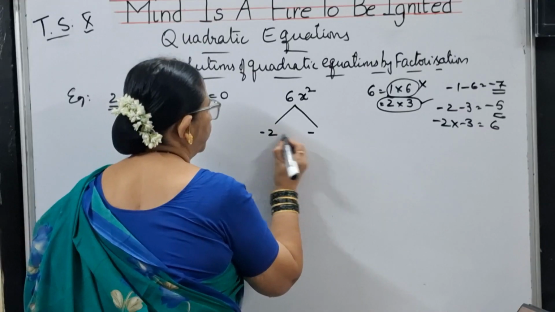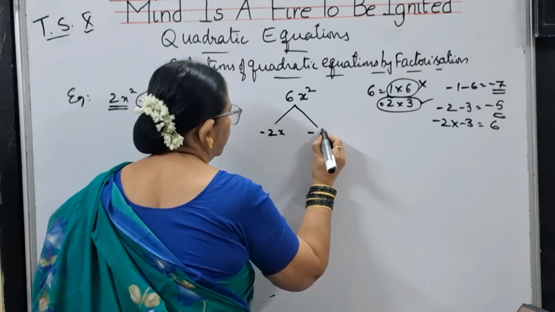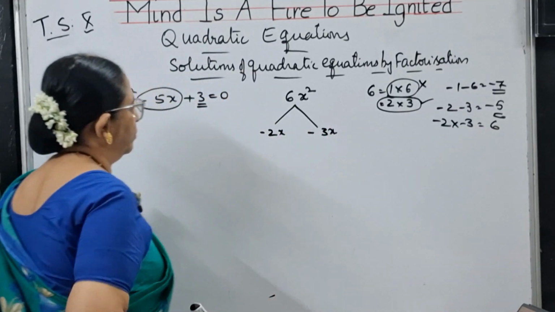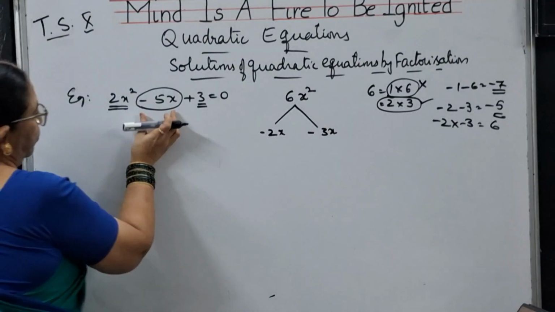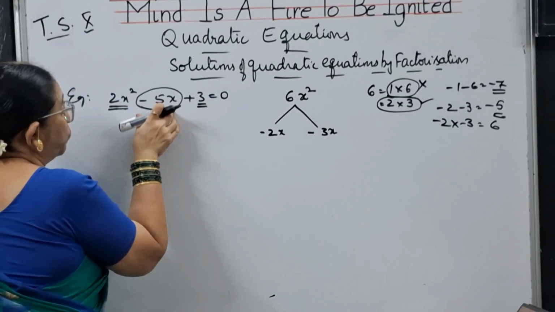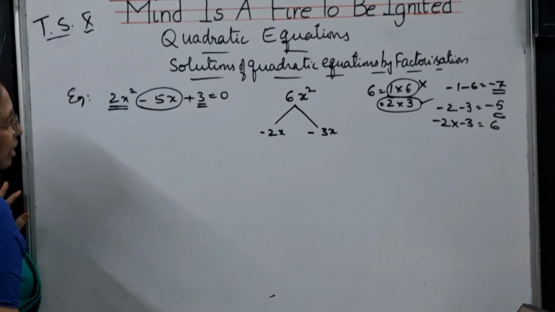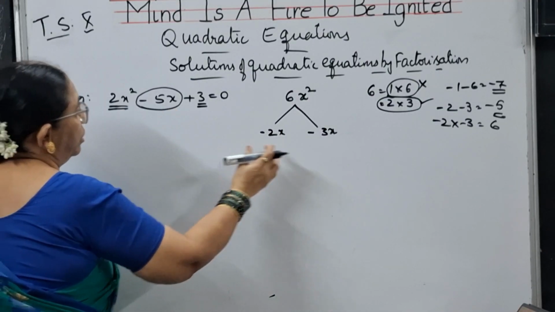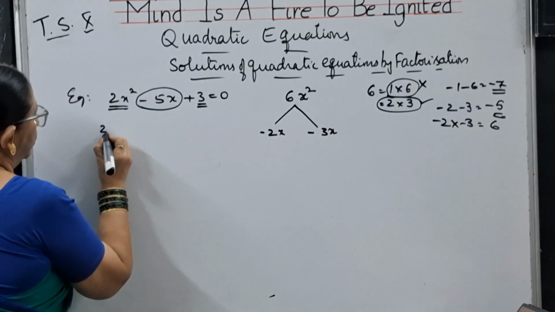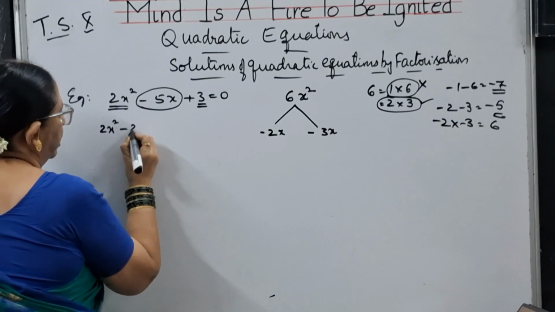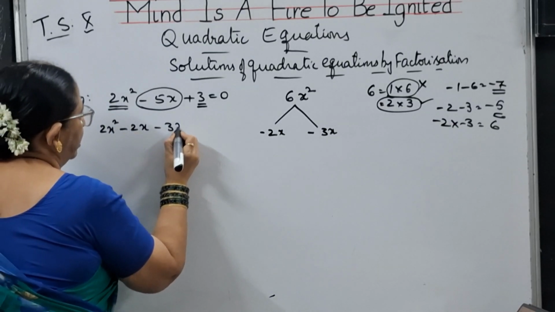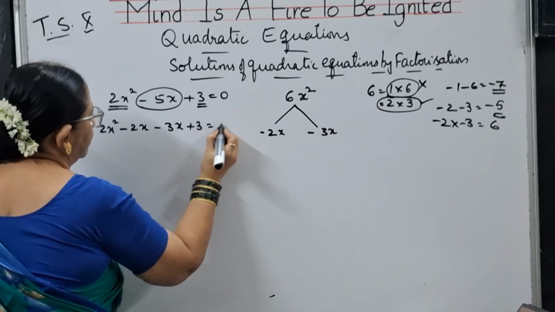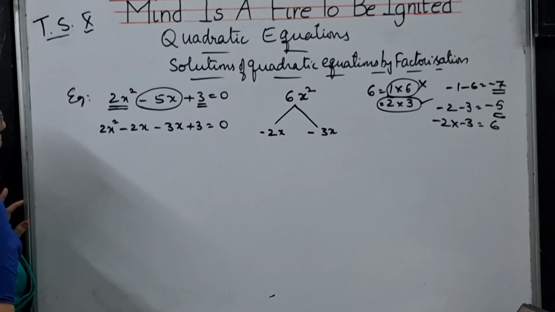So, minus 2x, minus 3x. So, we have made. What did you do? We split the middle term. We have splitted the middle term into two factors. So 2x square minus 2x minus 3x plus 3 is equal to 0.